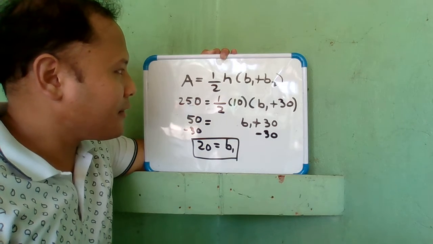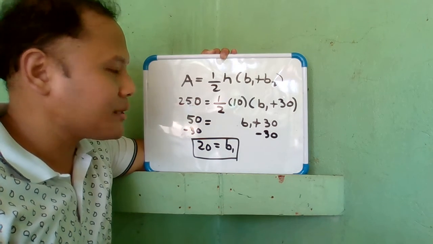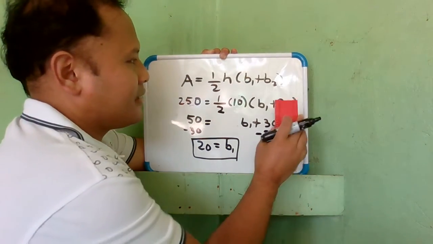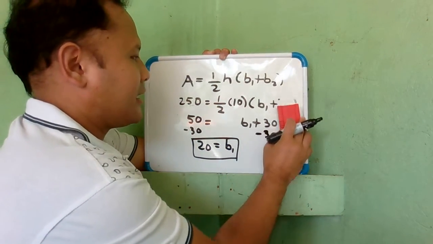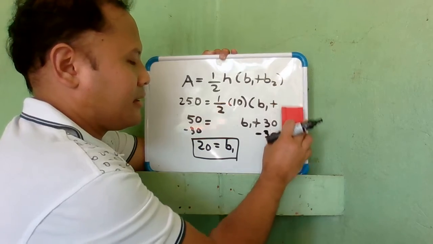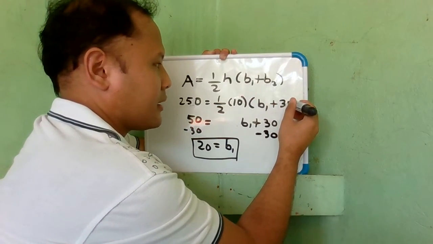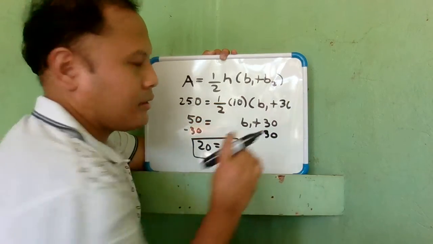Okay. How about if b sub 2 is missing? Okay, this is missing. We have known that b sub 2 is 30, but how about if we assume that this is missing?